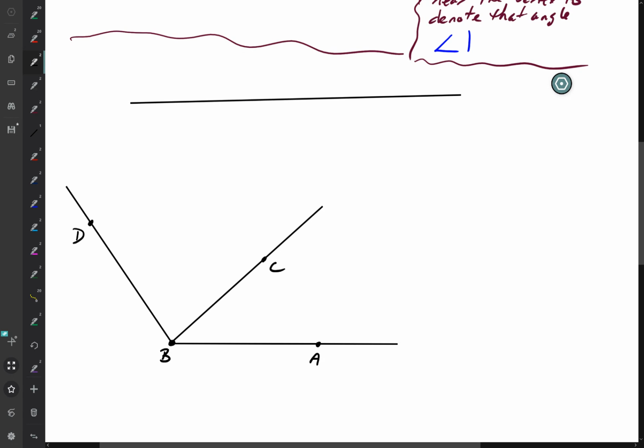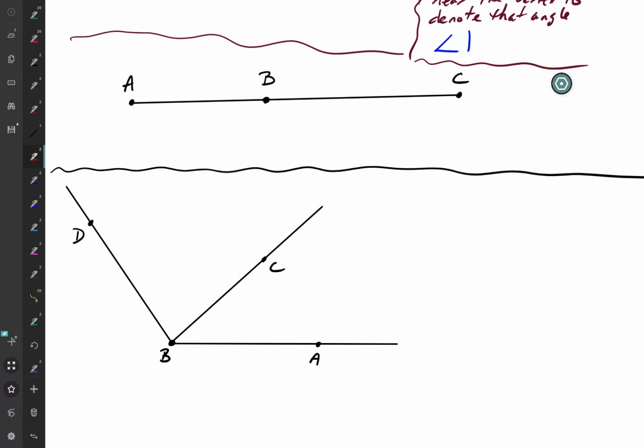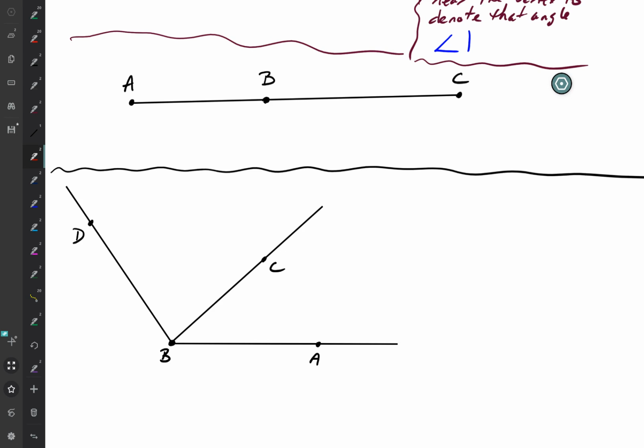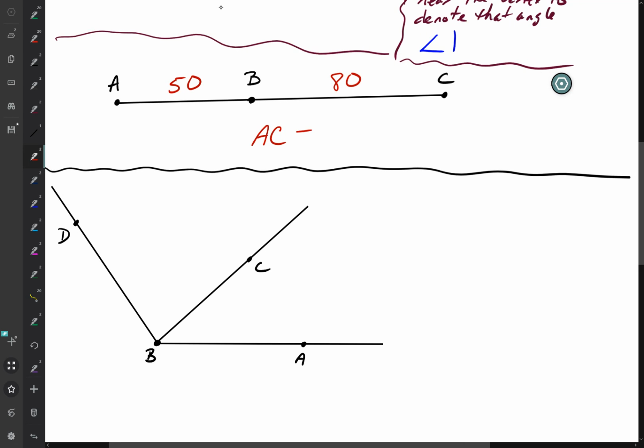Give myself a little more room here. I want to talk about two separate situations here. On this one, if this distance was 50 and this distance was 80, what is the distance from A to C equal to?